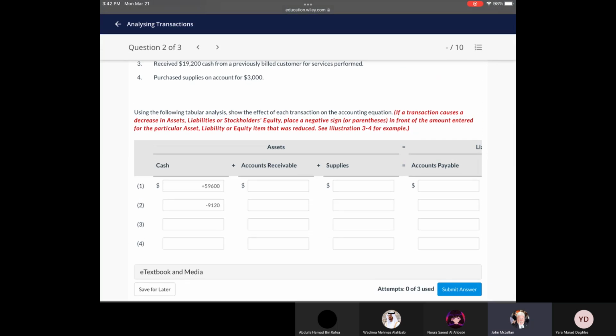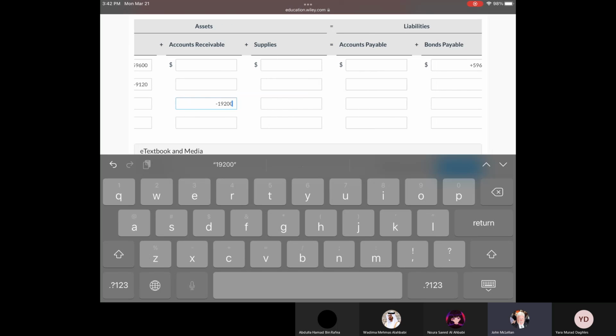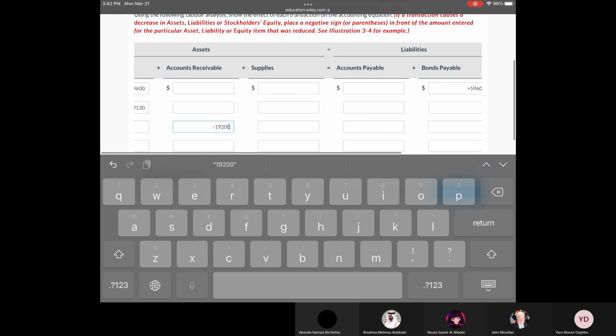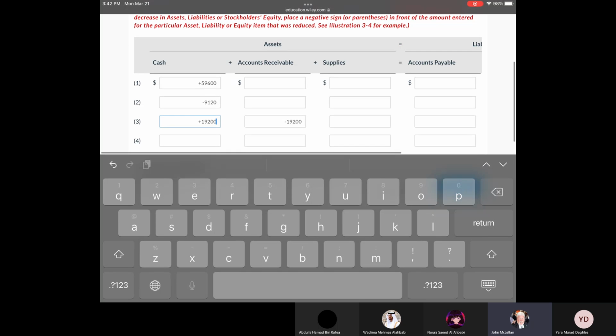So now when they pay me, accounts receivable goes down. What else goes up? Accounts receivable goes down. And what did I get? Cash. And cash went up. And both on the same side as the equal sign, I'm in balance.